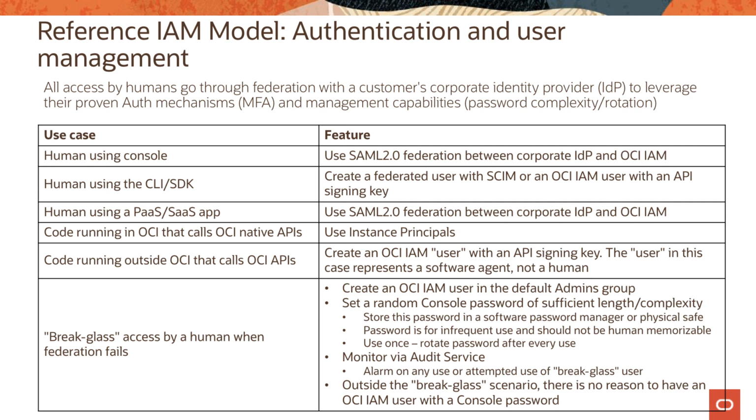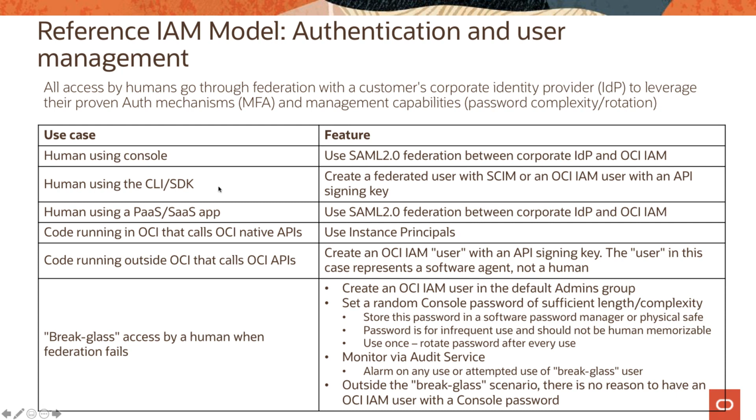So here is the table that shows the reference identity and access management model for authentication and user management, including the options with federation that we just saw. If you have an existing identity provider that you are using, you should definitely use federation to federate into OCI so that you don't have to set up a fresh set of usernames and passwords for all your users.